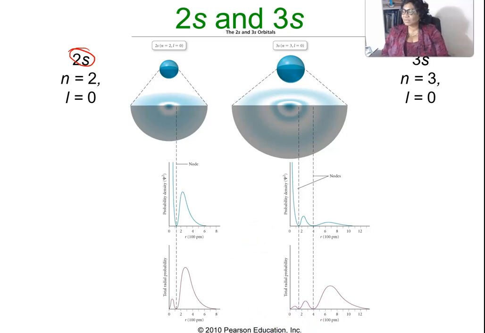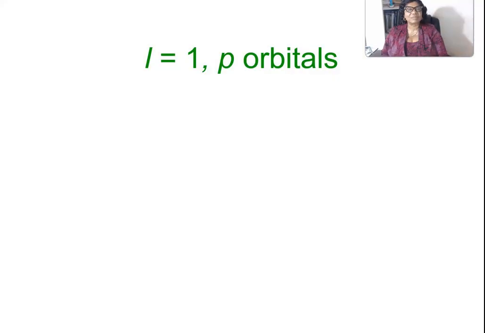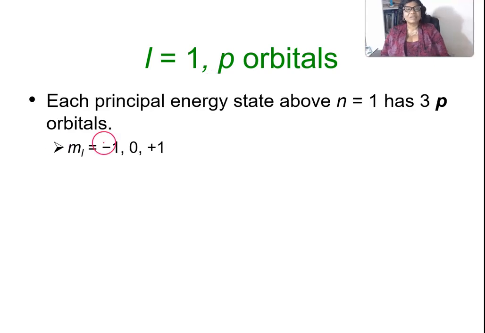Let's look at p orbitals. p orbitals, l equals 1. Principal energy states above n equals 1 have 3 p orbitals. n equals 1 does not have p orbitals.